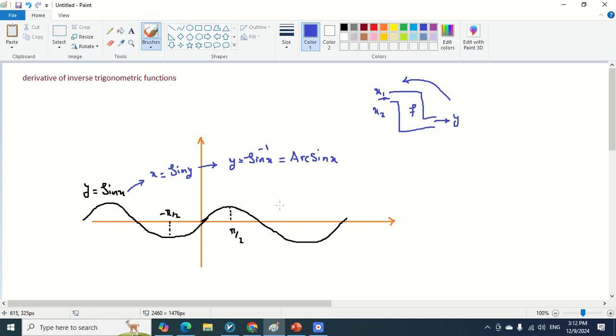So for this reason, for instance for the case of arc sine, I choose the interval between minus pi over 2 and pi over 2. And if I do that, then by sketching y equal to x over here, we can sketch the inverse of that function as well.